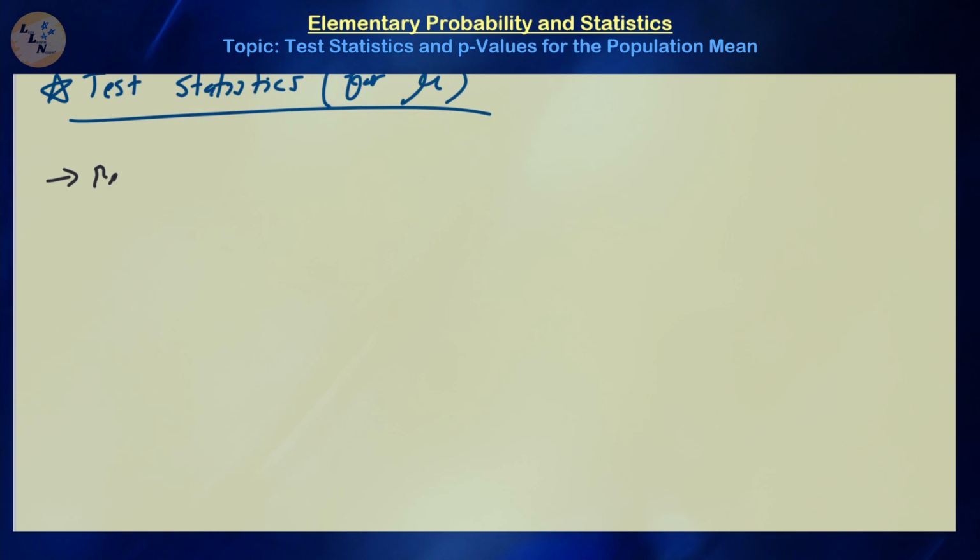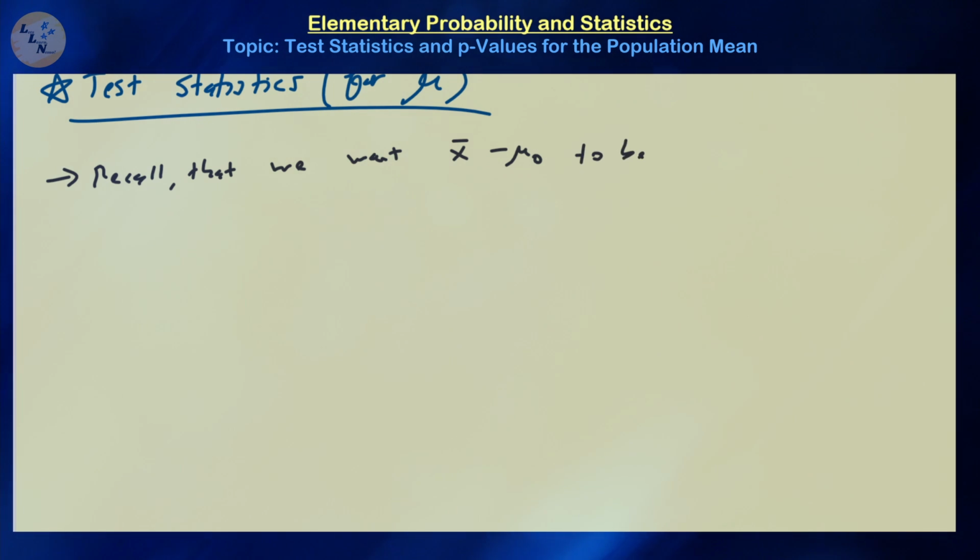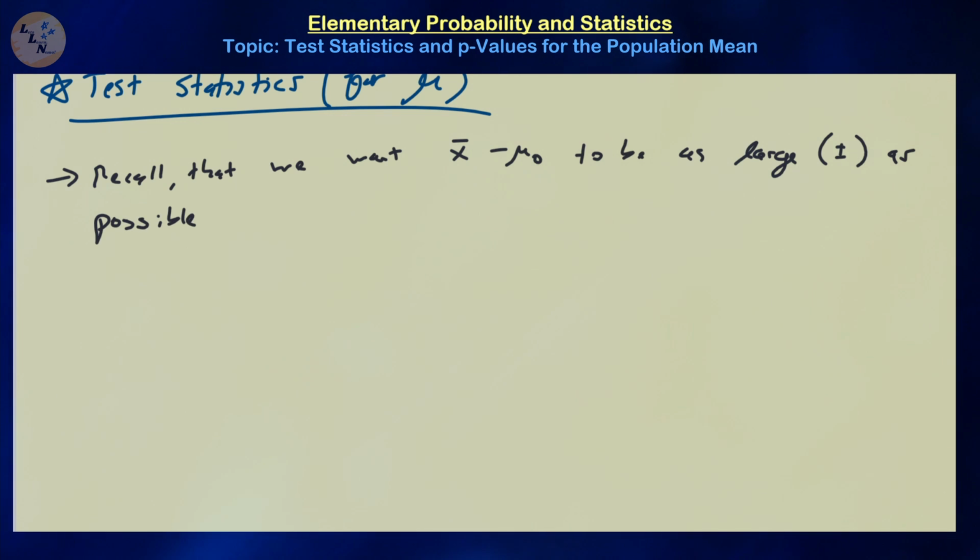So recall that we want x bar minus mu 0, keep in mind mu 0 isn't the mean of the population, it's the claimed value for the population, to be as large, positive or negative, as possible. And that's assuming we're working with a two-sided alternative here.